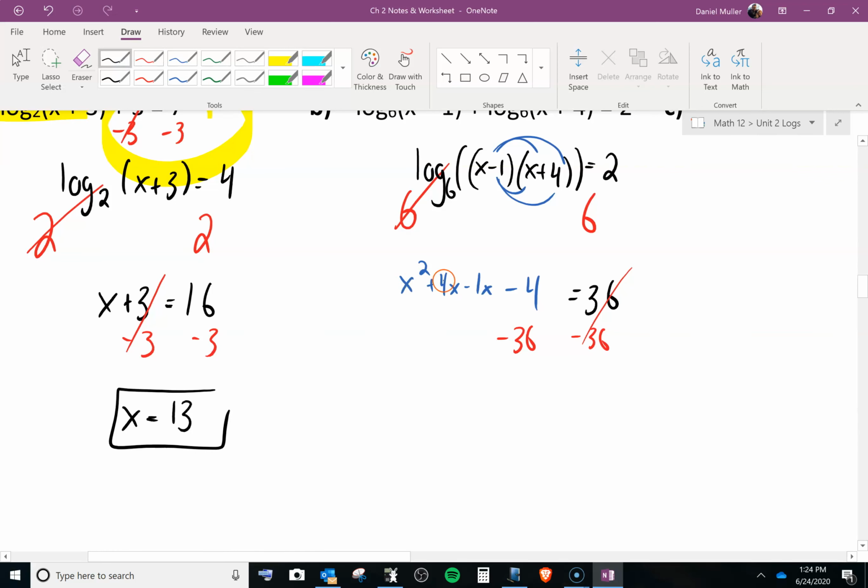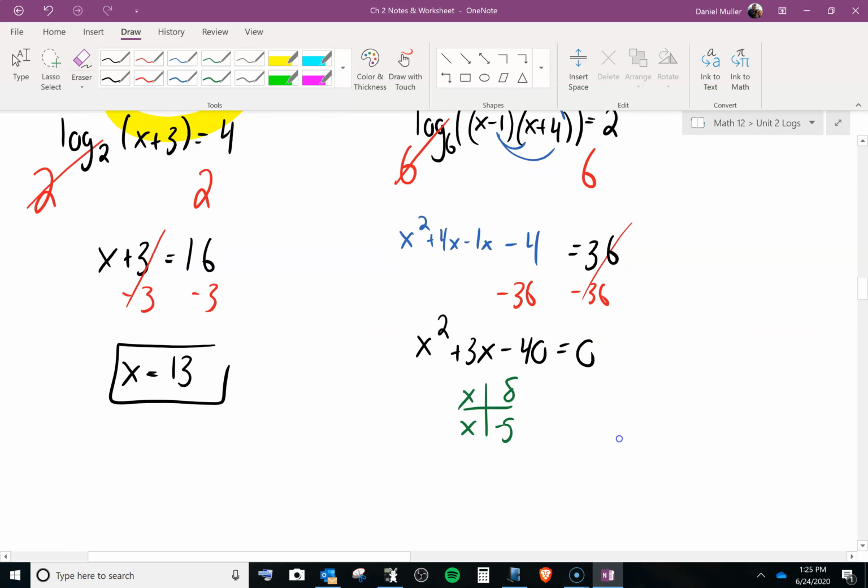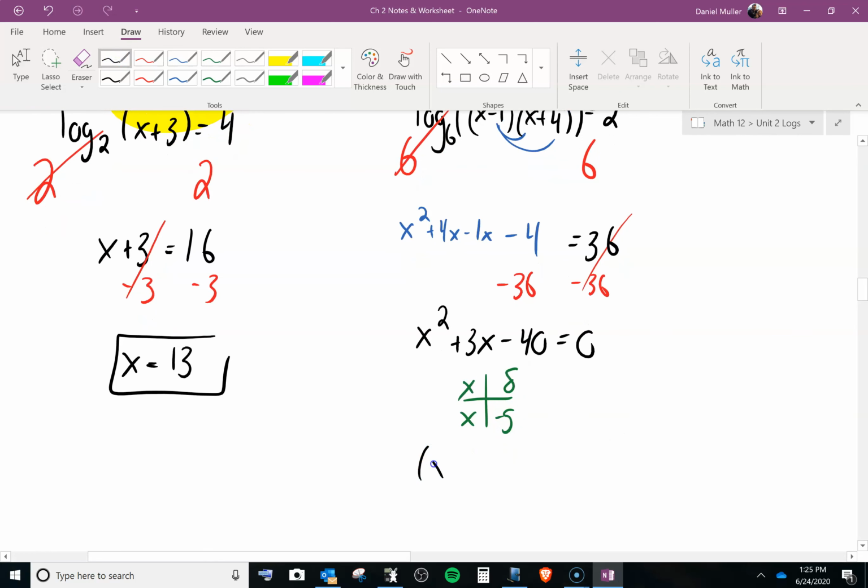I've got an x squared, and those can become a positive 3x, and then this becomes a minus 40. So hopefully this is factorable. x and x, 8 and 5, and that has to be negative. So then I get a negative 5 and a positive 8, which is positive 3. Okay, yeah, that works. So I have an x plus 8 and an x minus 5 is equal to 0.